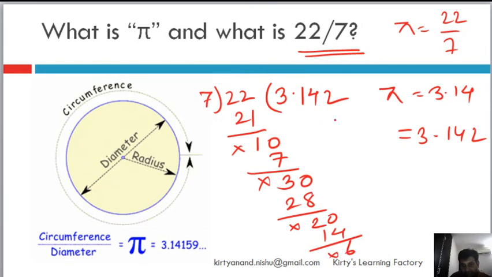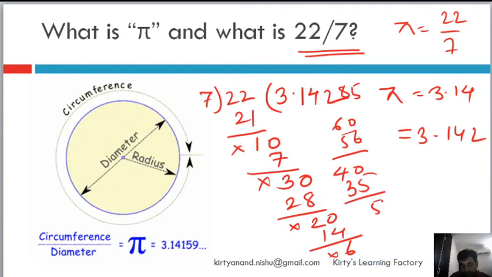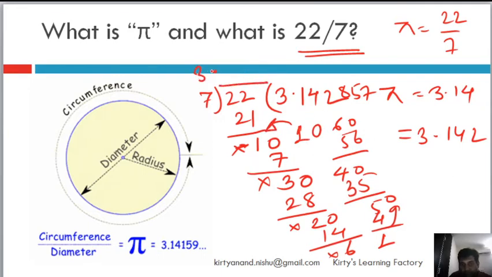So I will continue, 60, 8 times, sorry, 40, 5 times, 35, 50, 7 7s are 49, we get 1, and we are back here. We get 1, I get a 0, so we are back here. So again it will now repeat: 3.14287 bar, which means this value will continue to repeat.